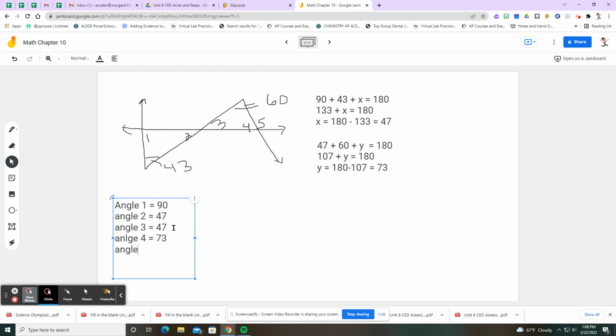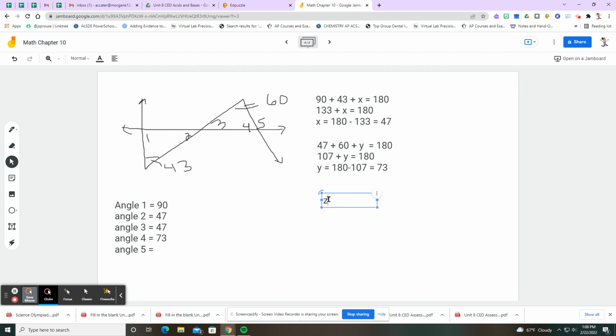So I have to find one more angle. I can't spell angle. Angle 5. So angle 5, we're going to find by the fact that these two are side by side. If these two are side by side, they have to add up to 180, which means they're supplementary. So I'm going to say that angle Z, we'll say that's for 5, using a different variable every time, is going to equal whatever 4 is.